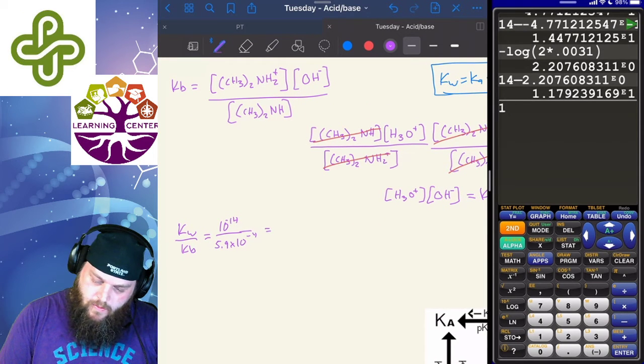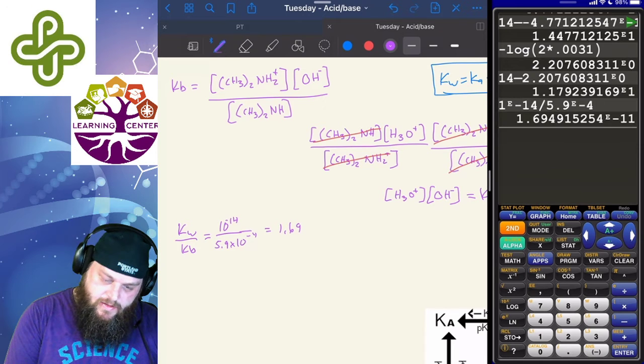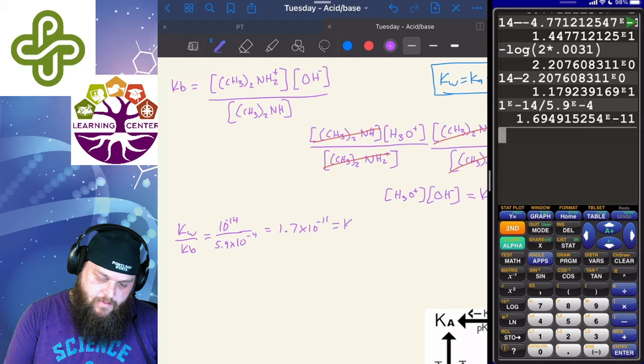So I'm going to write 1 e to the negative 14 divided by 5.9 times 10 to the negative 4th. That's going to equal 1.69, I say 1.7 times 10 to the negative 11. That's going to be our Ka value.